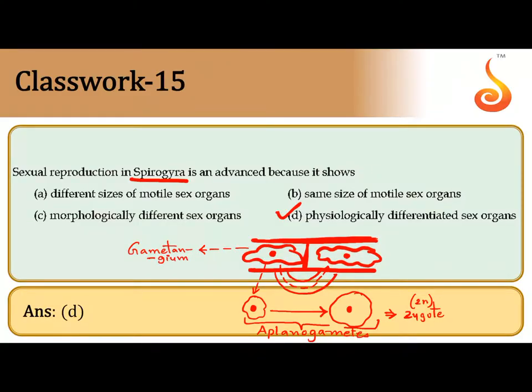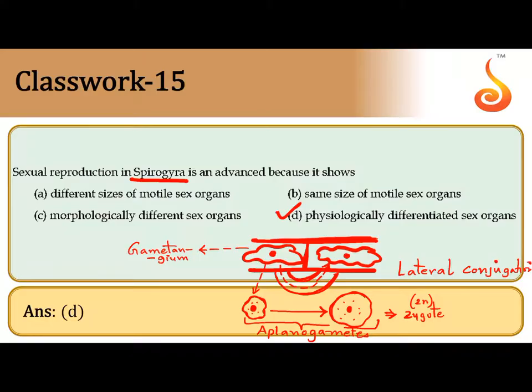But it is not jacketed, and this process where a tube is formed between the two sex organs or gametangia, and one of them gets rounded off into a male gamete and slides through the tube and enters the neighboring cell, which is rounded off as the female gamete, and ultimately both of them fuse together. This phenomenon which I have shown you here, a part of reproduction in Spirogyra, is called lateral conjugation.